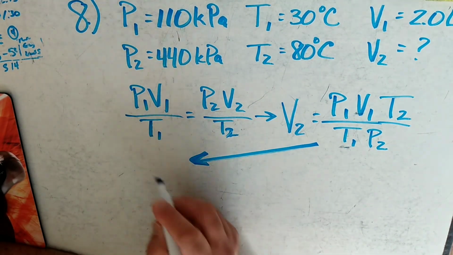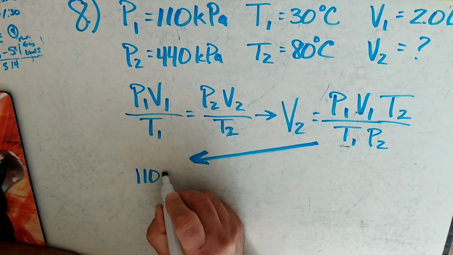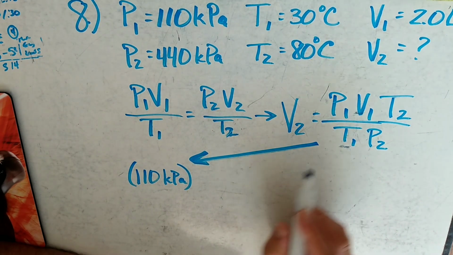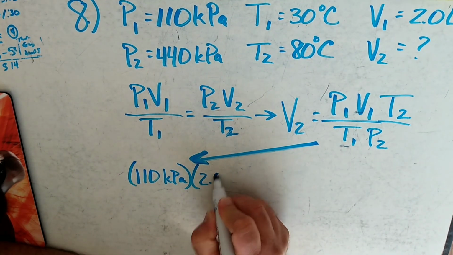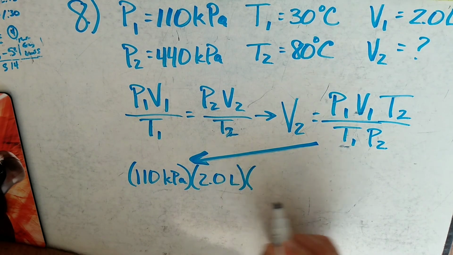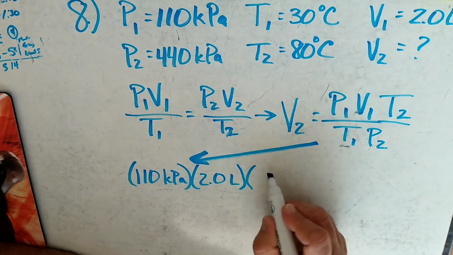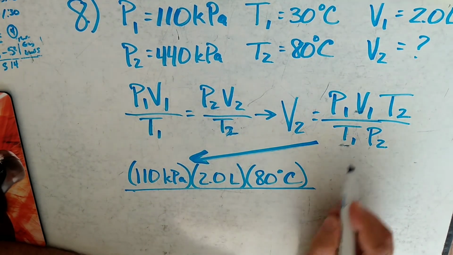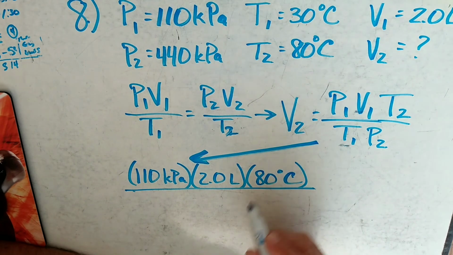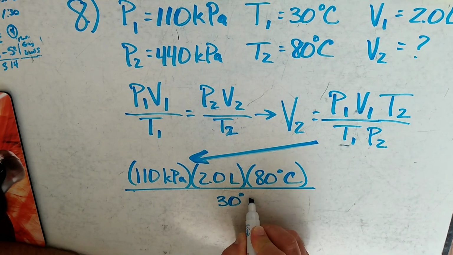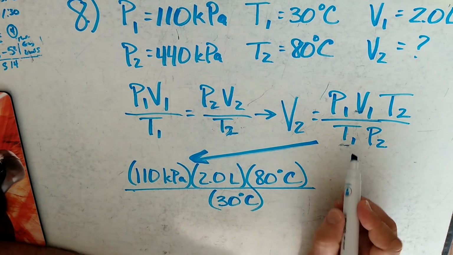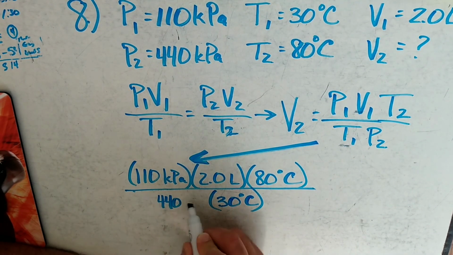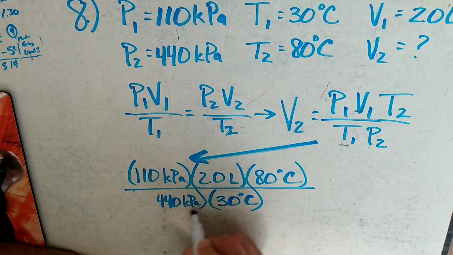P1 is 110 kilopascal times our V1, which was 2 liters, 2.0 liters, times our T2, which is 80 degrees Celsius, all divided by T1, was 30 degrees Celsius, and our P2, and our P2 was 440 kilopascal.